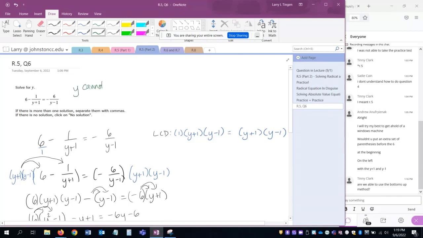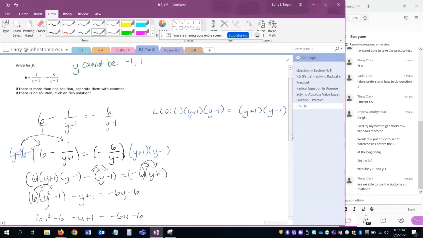What value of y would make the denominator 0 in the second term, that y plus 1? Y cannot be negative 1 or 1. So I don't have any extraneous solutions appearing like that.